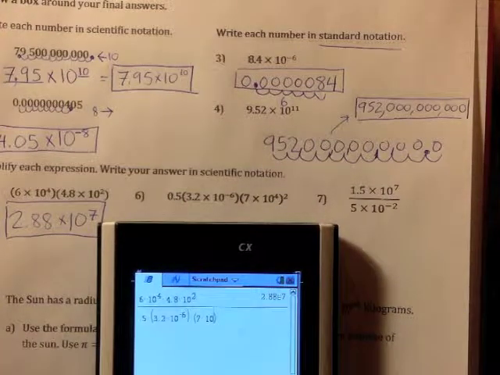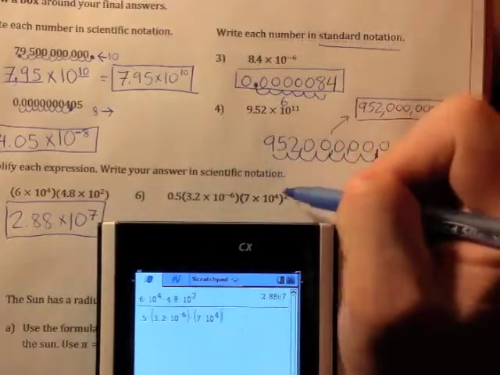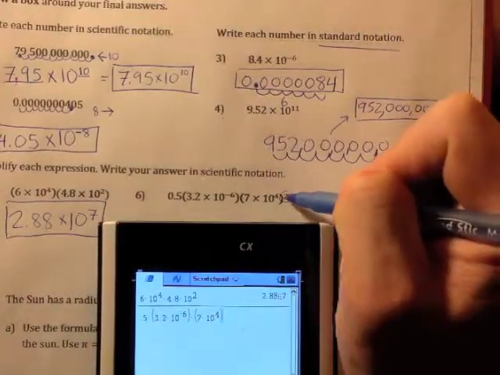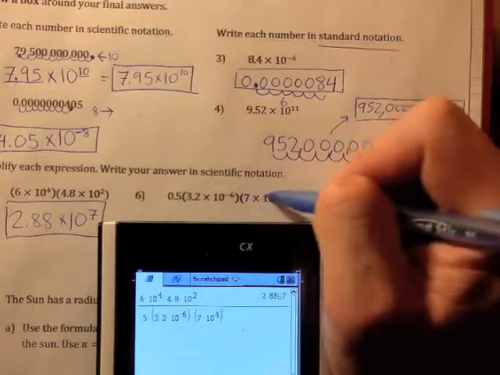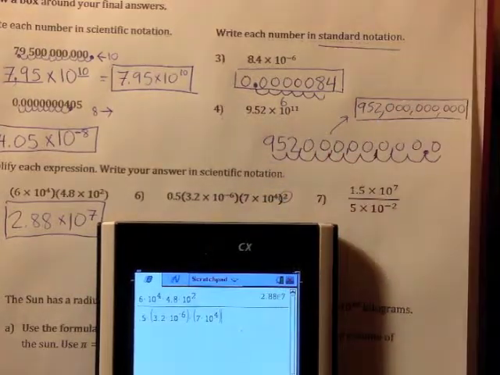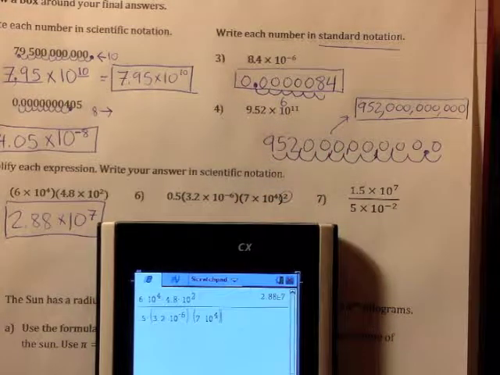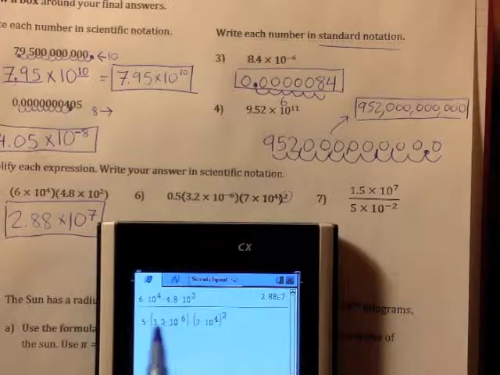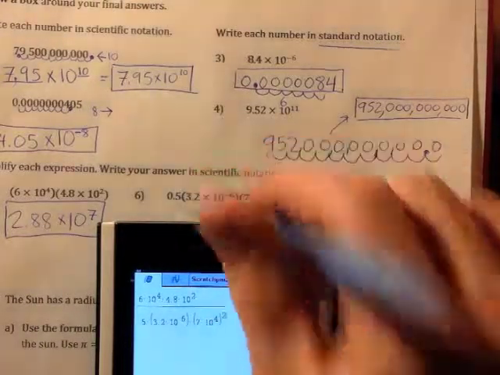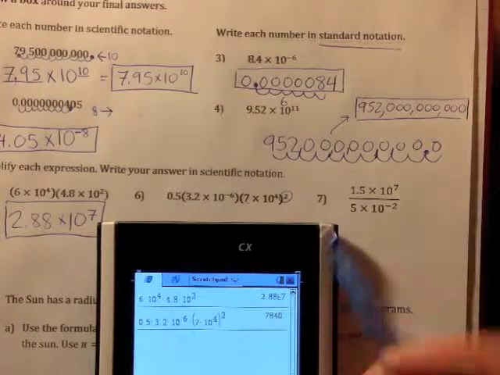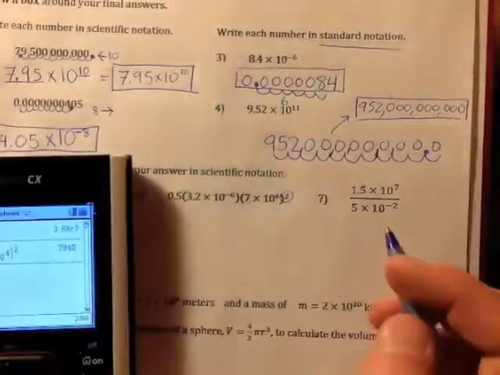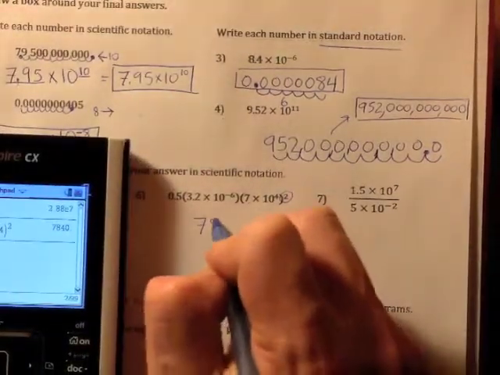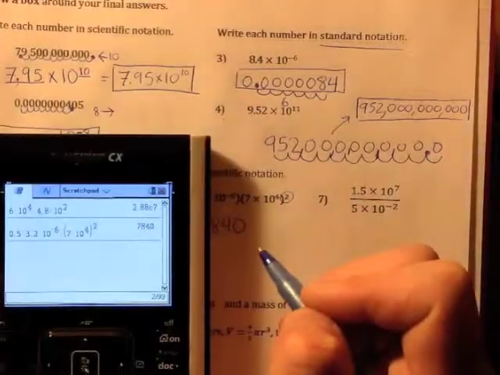Let's see here. There we go. And then outside of this parentheses, we are going to square just what's in the second set of parentheses. Caret 2. There we go. So this now looks like what we have here. Press enter. 7,840. That's all you have to do for that one.